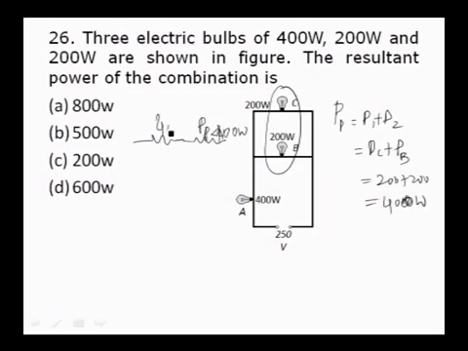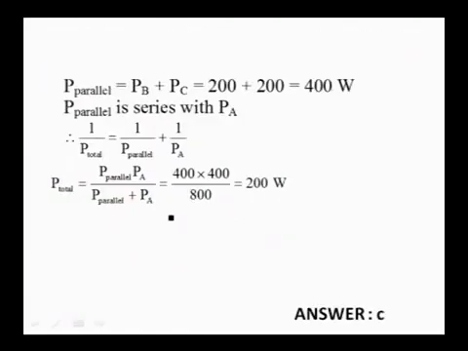Okay, this is 400. When they are in series, we have effective power in series as 1 by PS is equal to 1 by P1 plus 1 by P2. Okay, using this formula, we can calculate like this. That is P total is equal to P parallel into P A, 400 into 400 divided by 800.